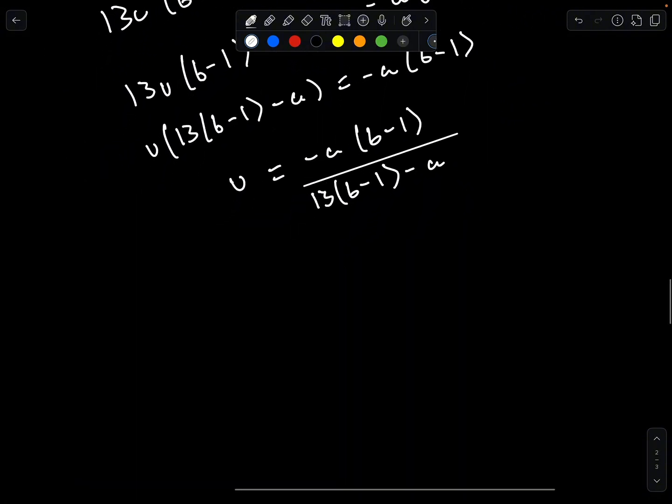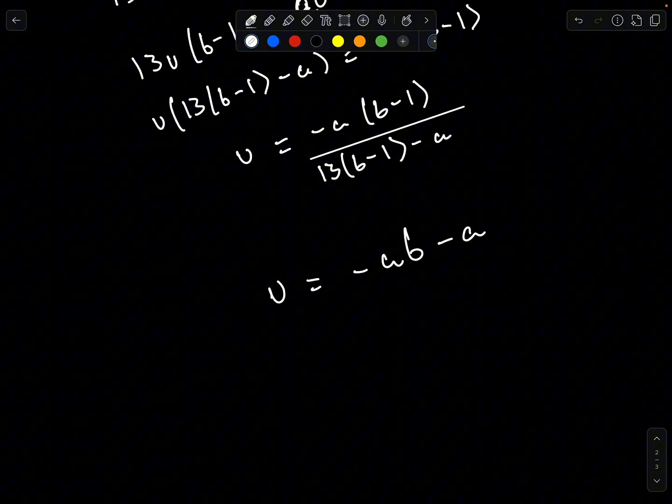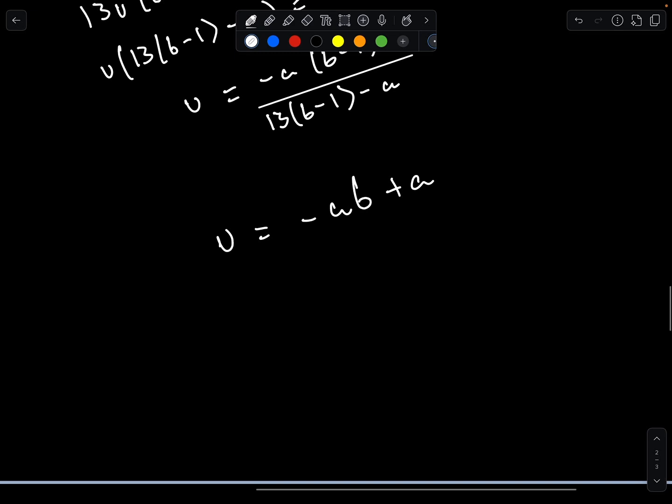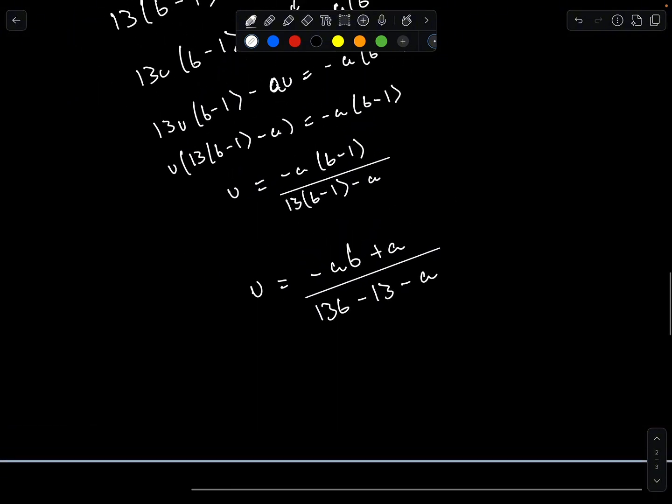So now that we've got this, we can then get our final answer, which we need to expand our brackets. So we have u equals minus ab minus a, or positive a, as it's a negative times negative, all divided by 13b minus 13 minus a. And that's our final answer there.